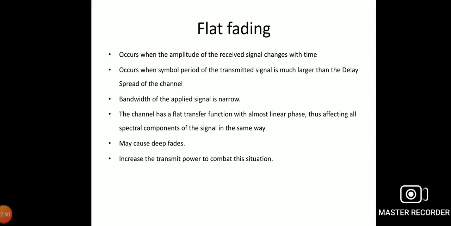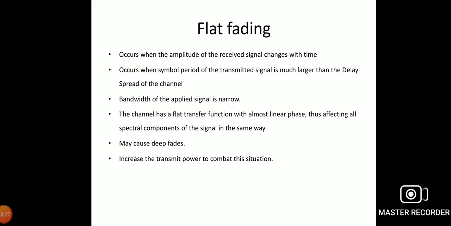Now the flat fading. The received signal in mobile radio will undergo flat fading if the channel has a linear phase response and a constant gain over a bandwidth greater than the bandwidth of the transmitted signal. The spectral characteristics of the signal are preserved at the receiver end. At the same time, the strength of the received signal will change from time to time due to multipath effects.